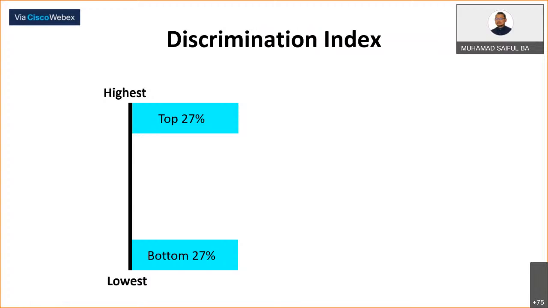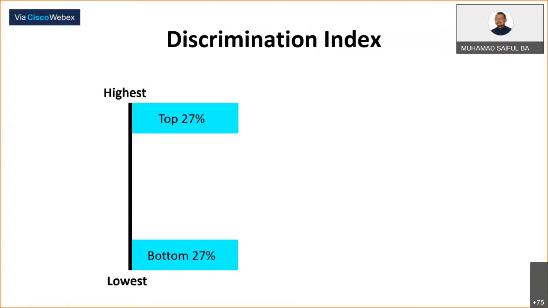We have 100 students who took the examination, and we rank them from the highest score to the lowest score in terms of the total score. Let's say you have 50 questions of MCQ, and the maximum mark is 100 and the minimum mark is 0.